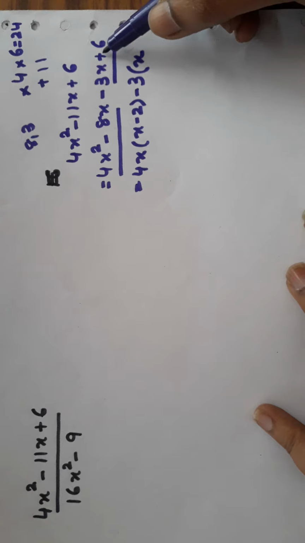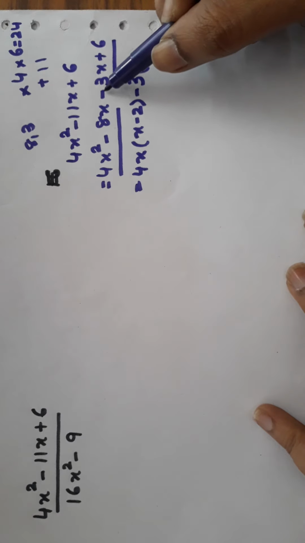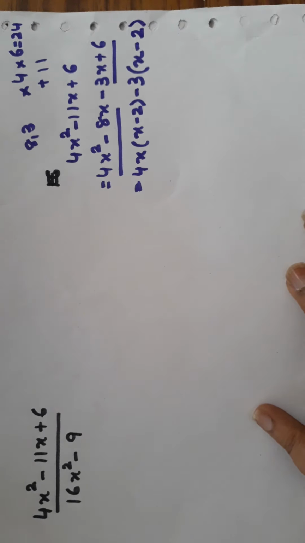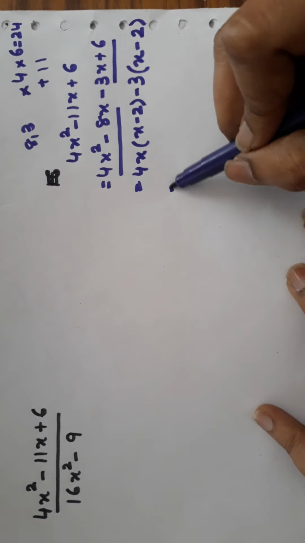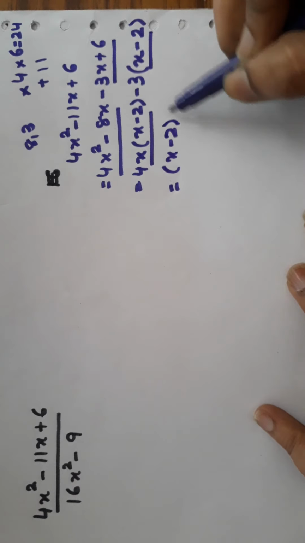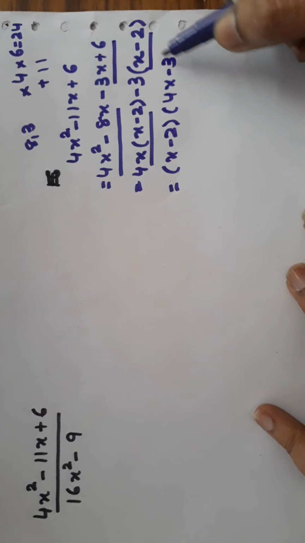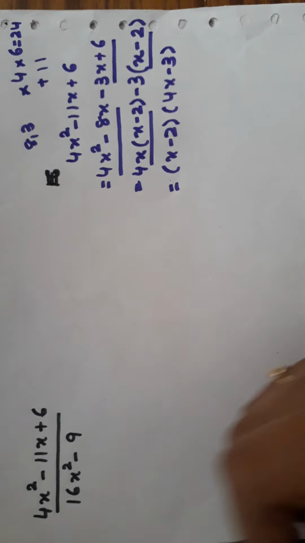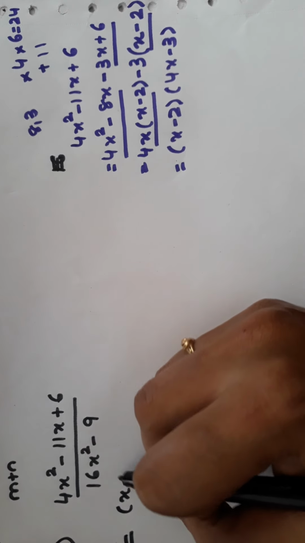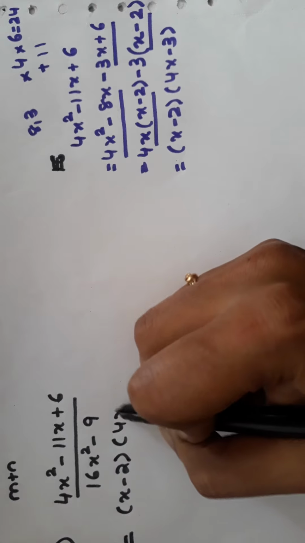Plus, but since you have taken minus outside, it will be minus. 6 is 3 into 2, but since you have taken 3 common, 2. Now again take x minus 2 common from both the brackets, 4x minus 3. So now replace the numerator by its factor, x minus 2, 4x minus 3.